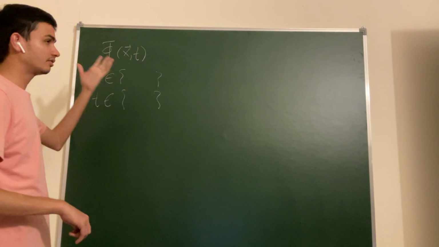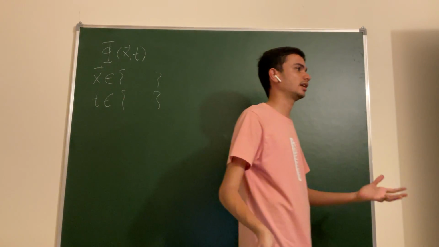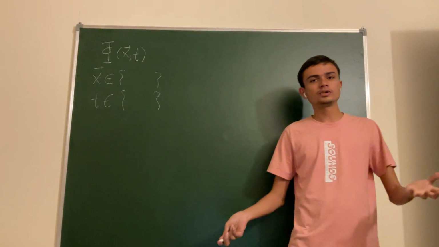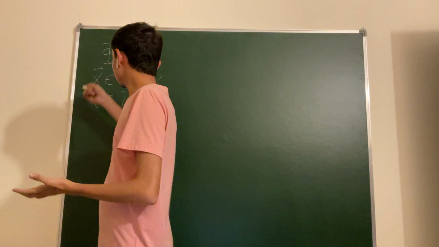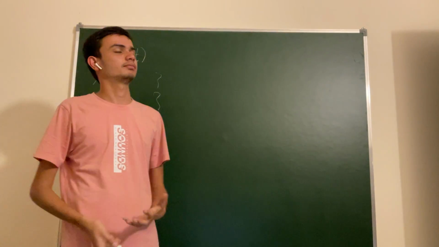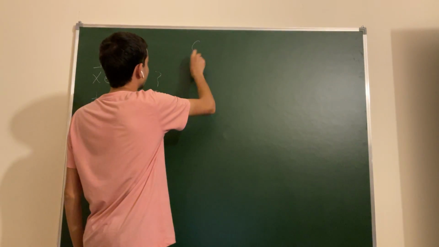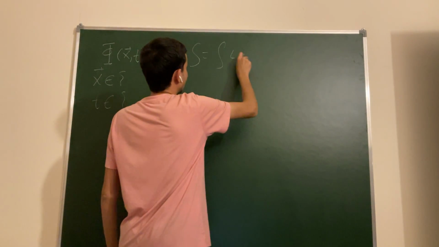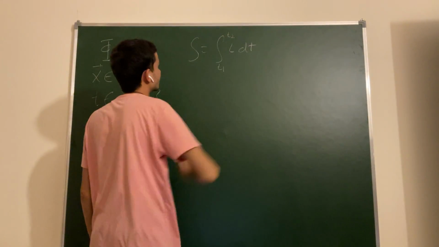So we'll start with how you go about doing quantum field theory. You want to find the phi which minimizes the action of the system. In classical mechanics, the action is defined as S equal to the integral of L dt, with t going from t1 to t2.